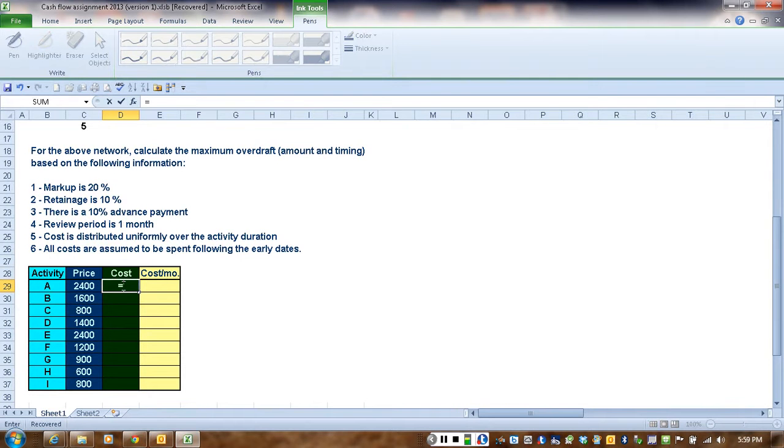this number times 0.8. And same thing here, we're going to copy this formula. So I'm going to copy this to the other cells. And then I'm going to calculate the cost per month. I'm going to divide this number by the duration of the activity. So I've done it here.